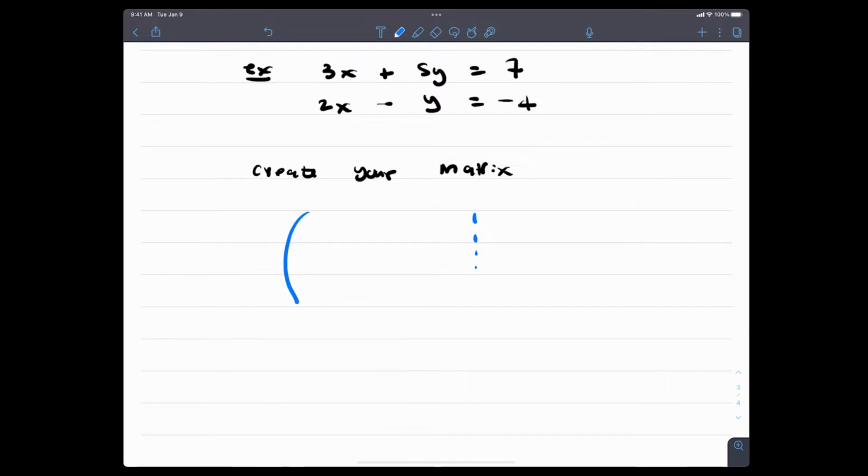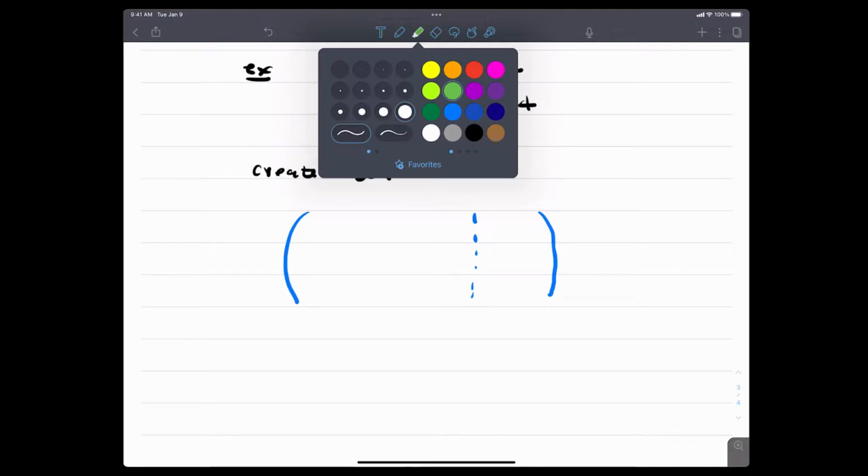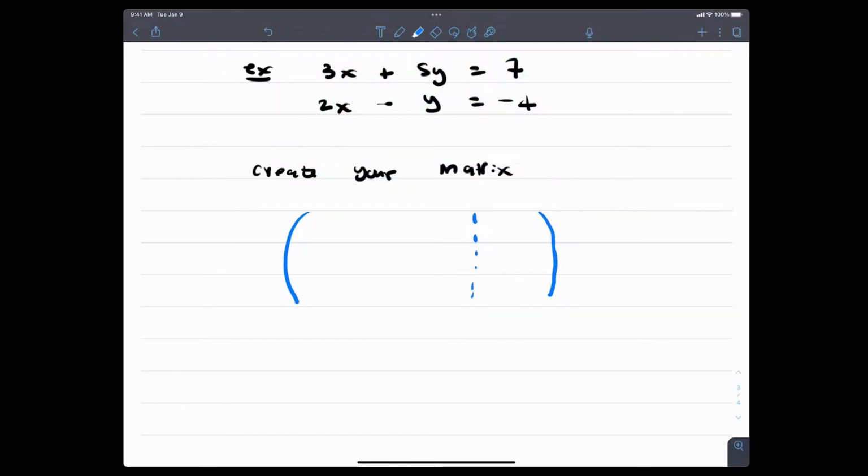Put a parentheses, put a dotted line. What are you guys looking for to create your matrix? The coefficients. 3, 5, 2, negative 1. And then don't forget you have a 7 and a negative 4.